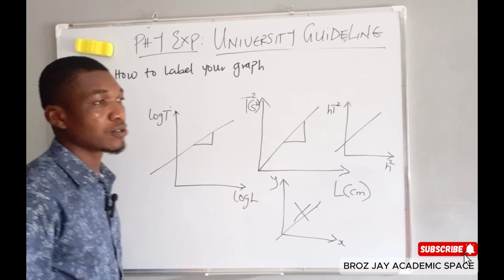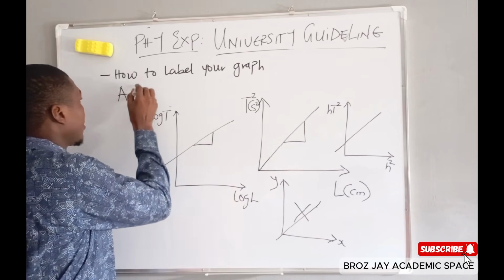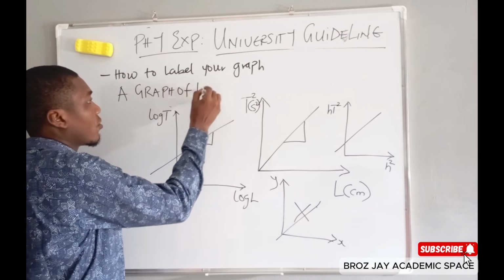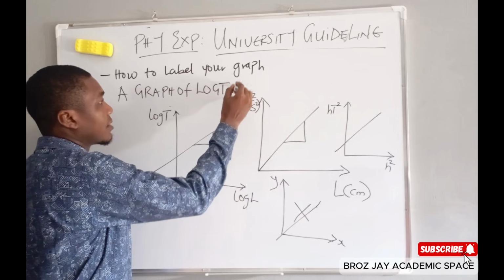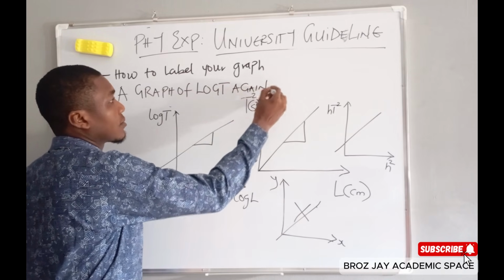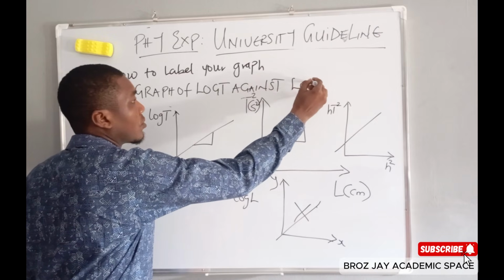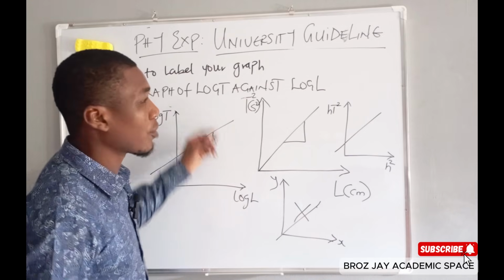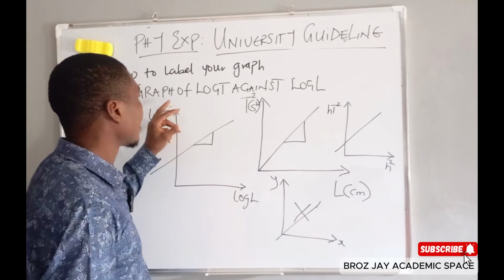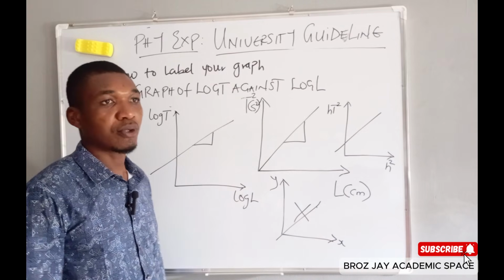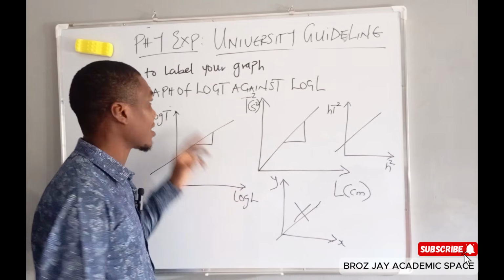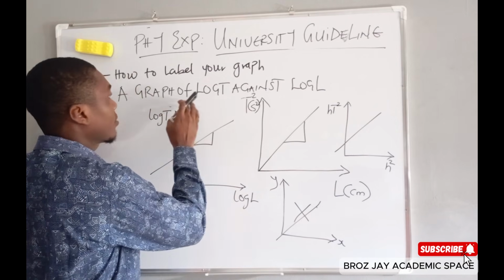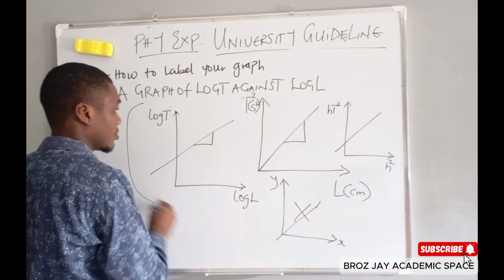So this is the proper way to title your graph: a graph of log T against log L. Now this is the proper and the standard way to title your graph anytime you are plotting. This is for this.